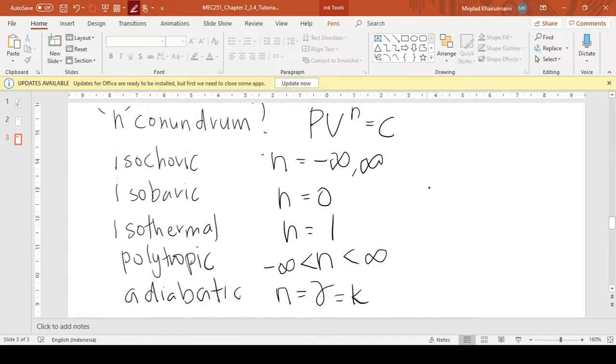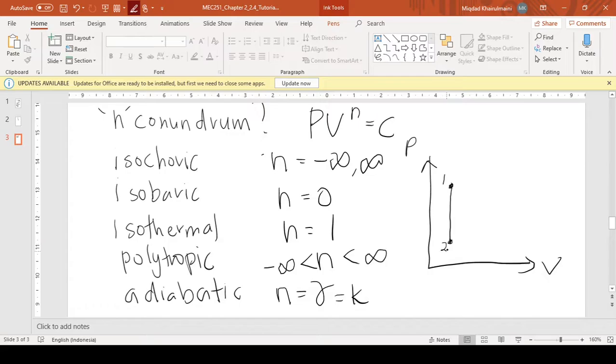Now, what some may have a problem understanding is what the value for n does. We have here the PV diagram. Let's take state 1 here. For an isochoric process, constant volume, the process line for state 2 will go down here.